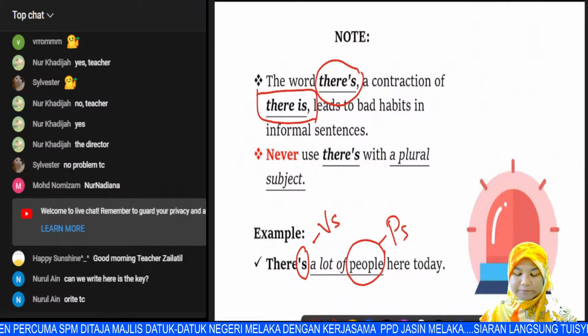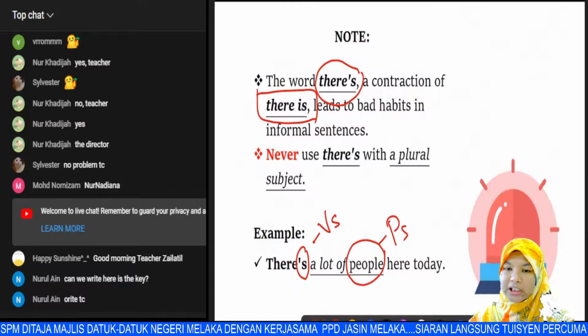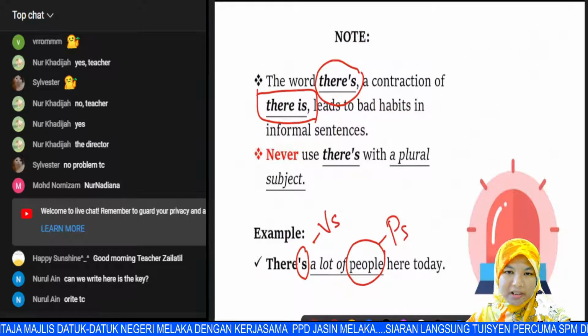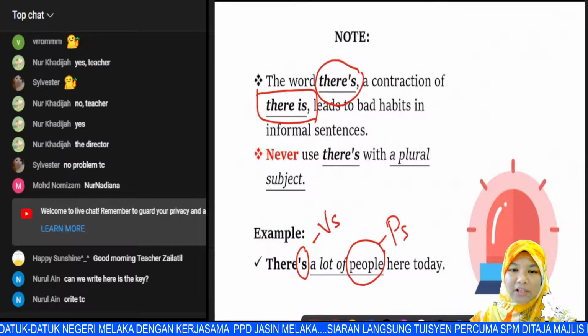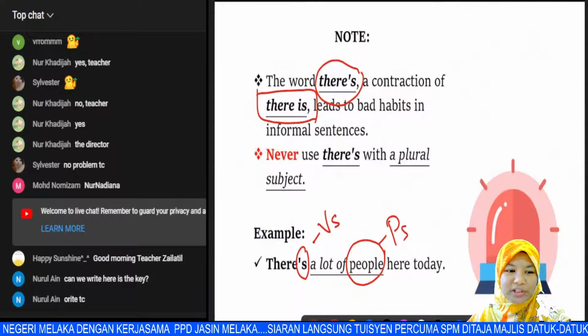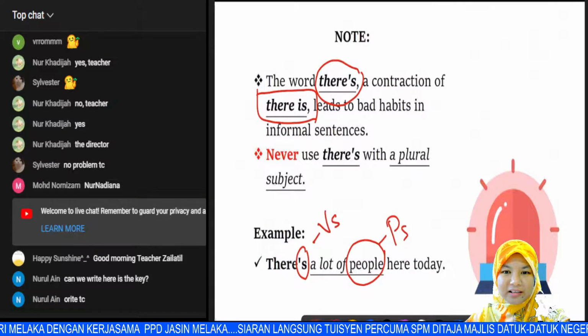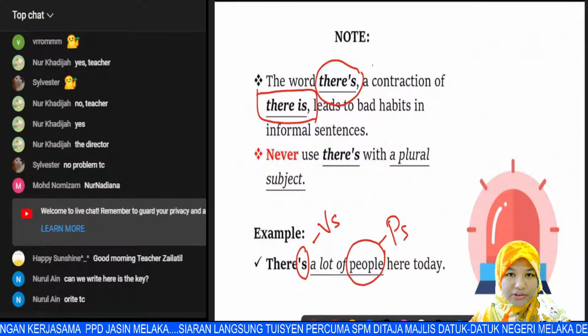Okay, so here, basically, if you write "there is a lot of people here today," actually, it is grammatically incorrect. However, there are lots of students who actually use this kind of sentence. Many of you use it because you tend to use the contraction.